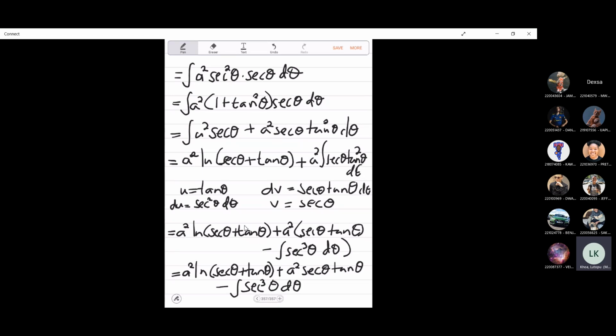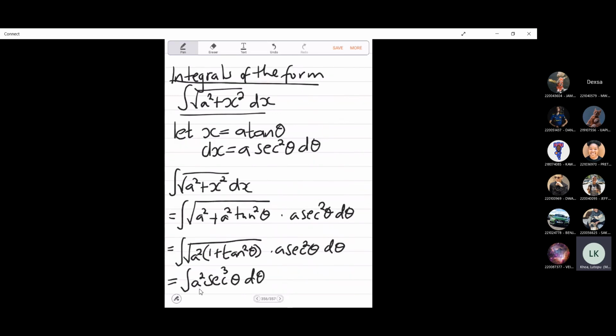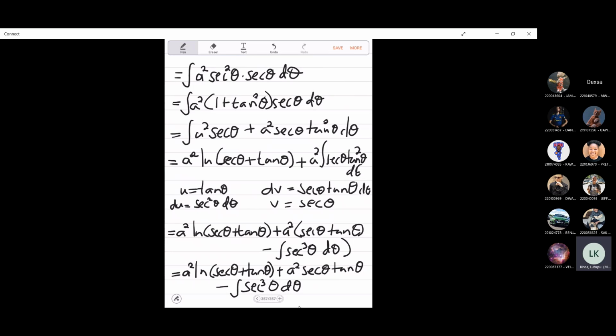Okay, then we have to remember what is it that we were integrating. We were integrating a squared sec squared theta. This is what we're integrating. And then we have a squared here as well. Okay, so we multiply out the brackets like that.